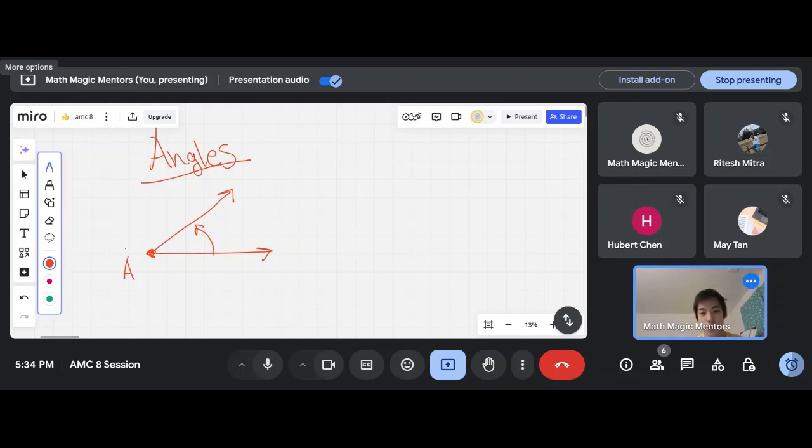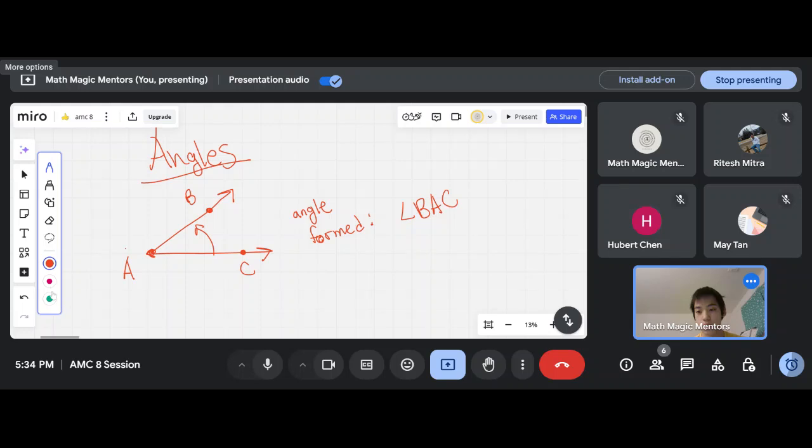If we have point B on the first line and point C on the second line, the angle formed is going to be called angle BAC.